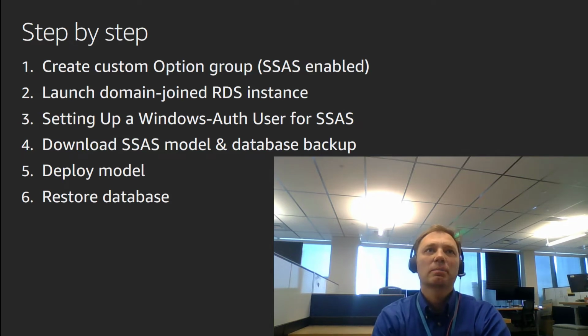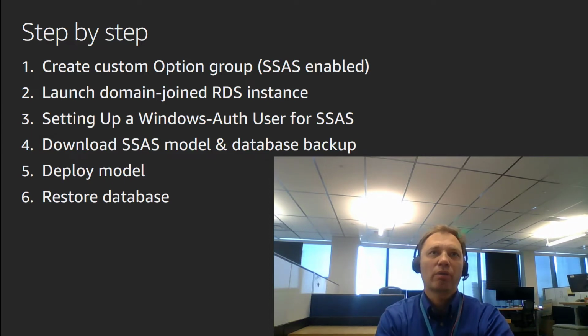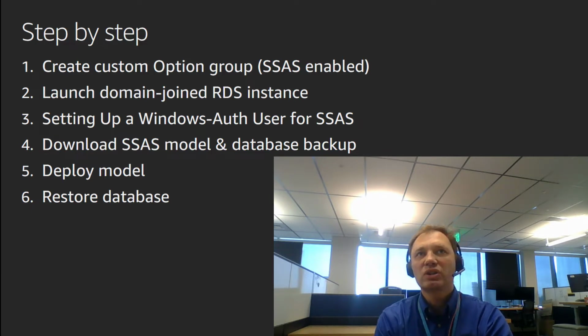Let's go over the step-by-step instructions. And again, we're going to be coming back to this list as we progress through the demo. First, we're going to create the custom option group. Second, we will launch a domain-joined RDS instance, and we will associate that instance with the option group that we created in step 1. Then we will set up a Windows authenticated user for Analysis Services.